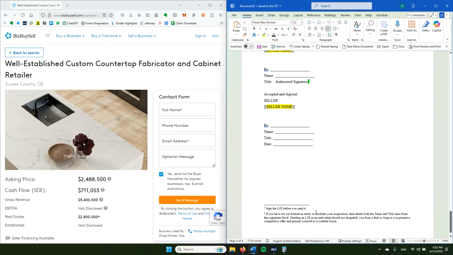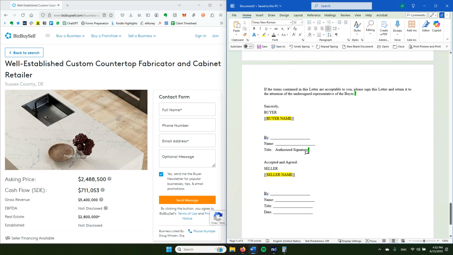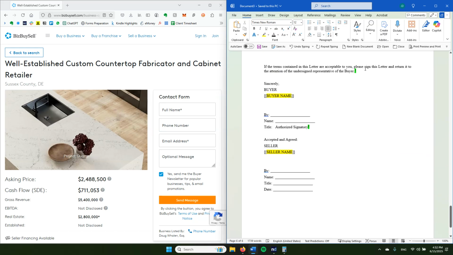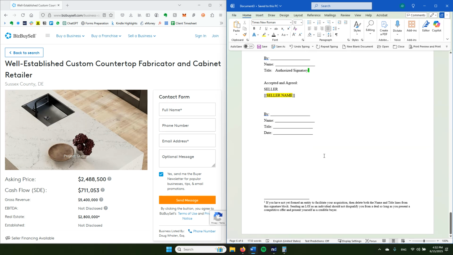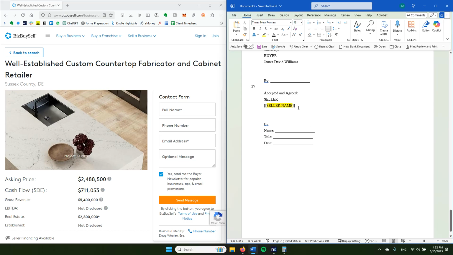And we keep scrolling, and here we go. All right, so sign the LOI before you send it. I would just do this as my own name, because I haven't formed an acquisition entity. And since I haven't formed an acquisition entity, I would delete these 2 lines because you don't need them. And then this would be Mr. Seller. And we're ready to go.